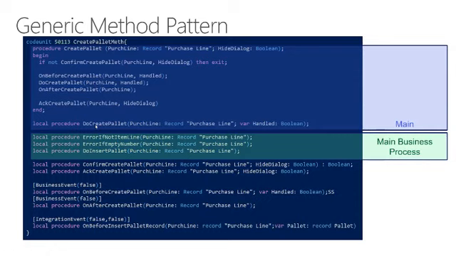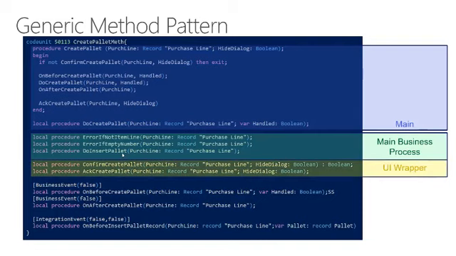The main business process, the do create palette procedure, if I were to expand that, you would have these three procedures as function calls. Then we have a UI wrapper, that's the confirmation and the acknowledgement, right? That's up here. We have the confirmation, and then down here we have acknowledgement.